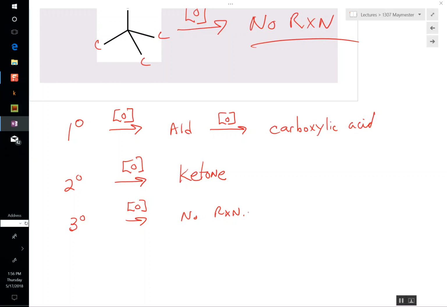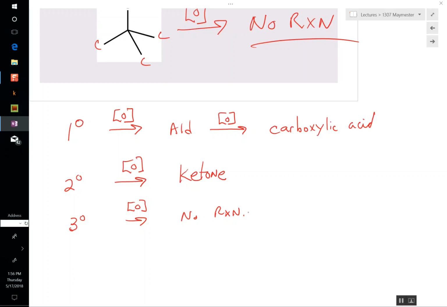Now here's the deal. This is ethanol, and I don't put a 1 in it. Why not? Because it can't be anywhere but on the first carbon. No other place for it to be. But with propanol, it can be there, or it can be there.